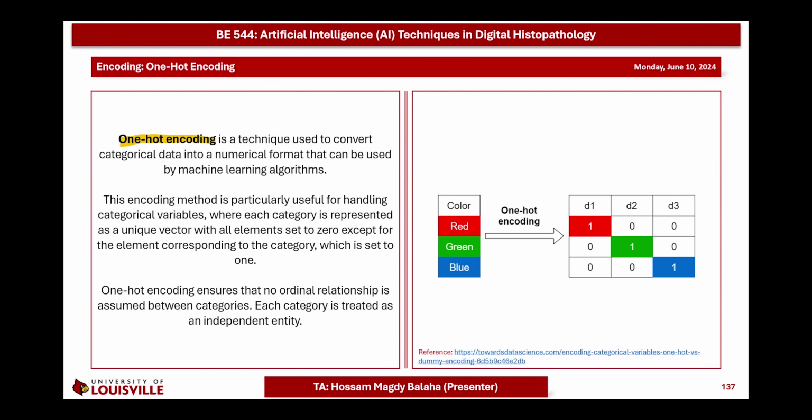So if you have 3 classes, red, green, and blue, we create a matrix whose size is n by n, so 3 by 3 in that case, because we have 3 classes.